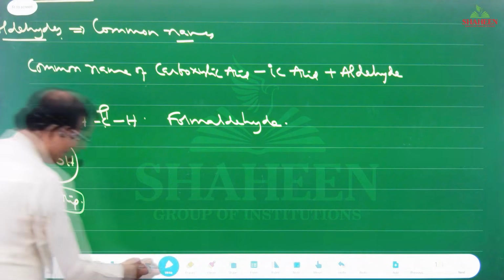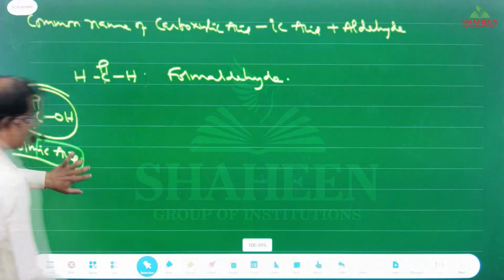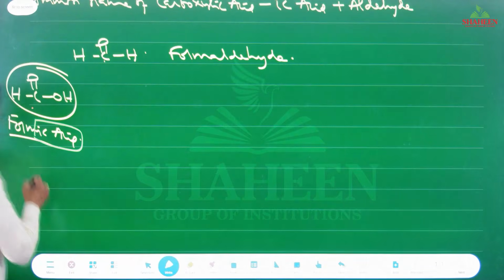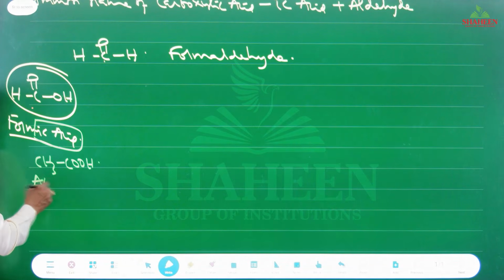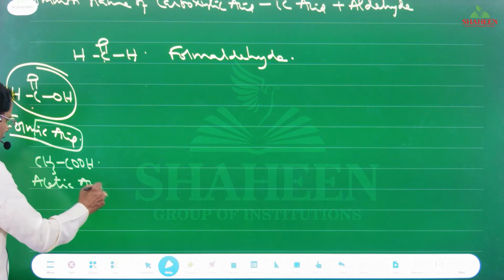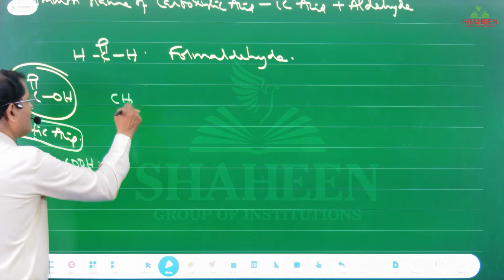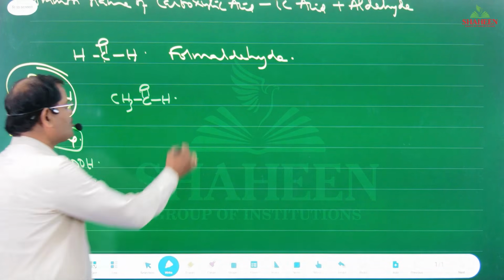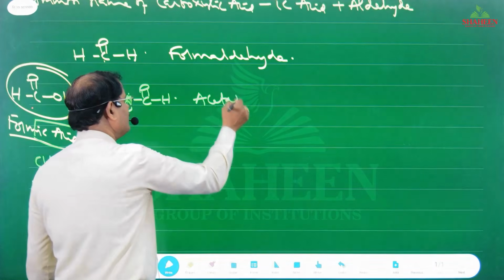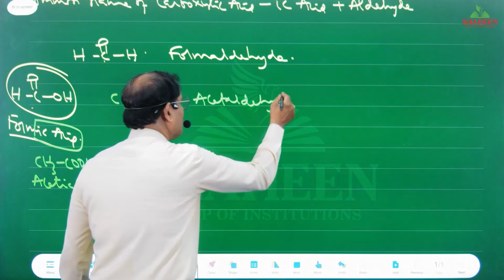And similarly, acetic acid, CH3COOH, and the same aldehyde with the same number of carbon atoms is called acetaldehyde.